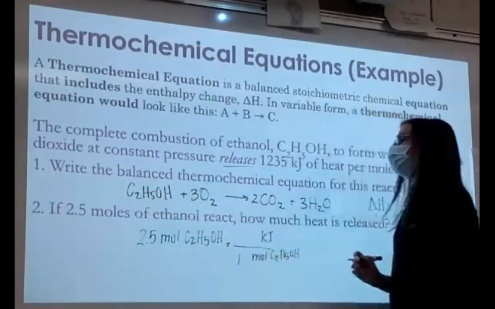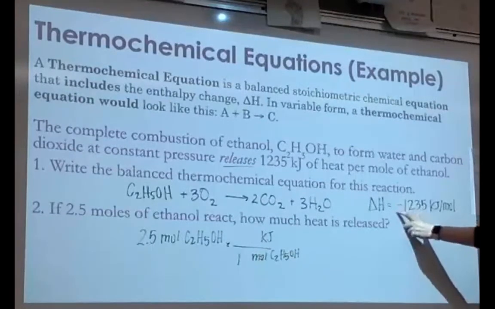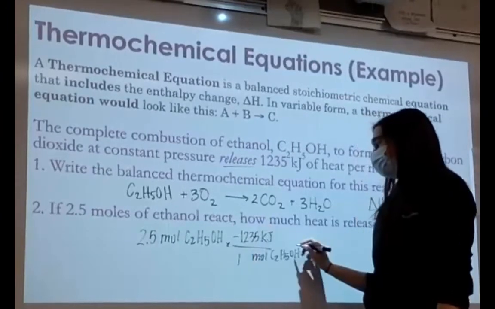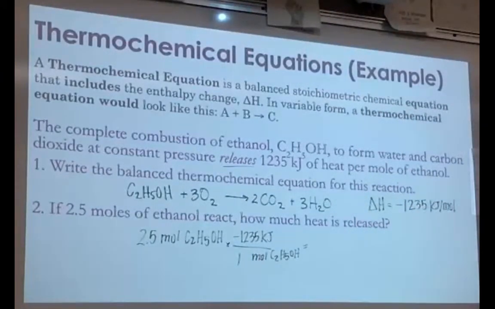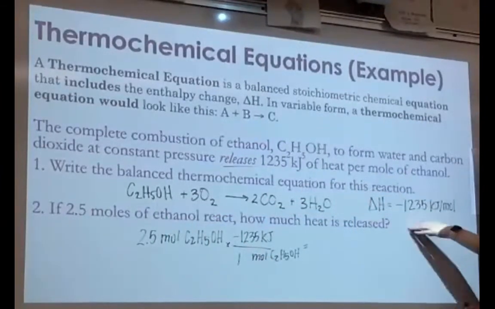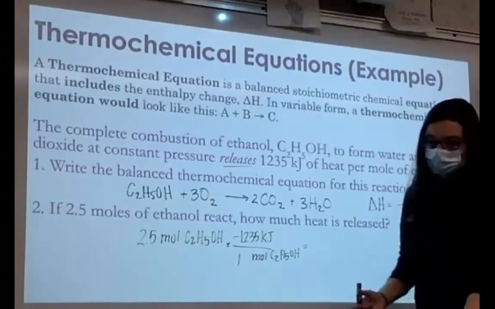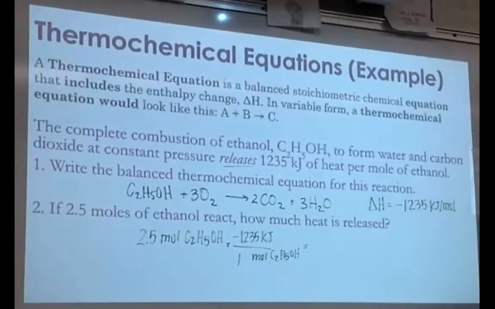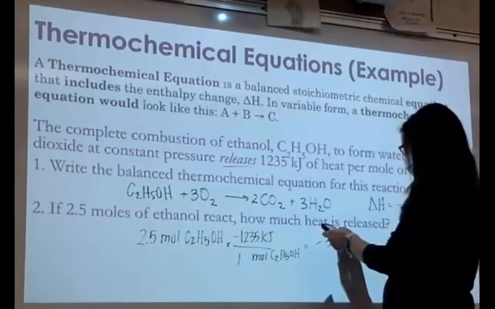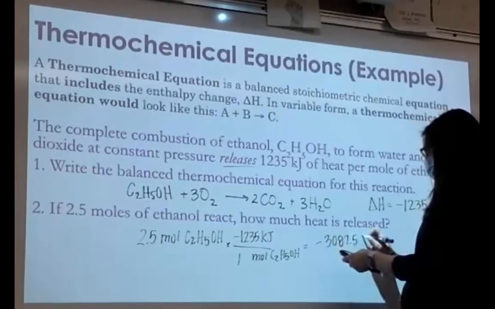So for 1 mole of ethanol that is combusted, 1,235 kilojoules are released. So we're treating it just like it were part of a mole ratio. Instead of moles over moles, we have moles and kilojoules, and we use coefficients and our value of delta H. So 2.5 times negative 1,235, negative 3,087.5 kilojoules.